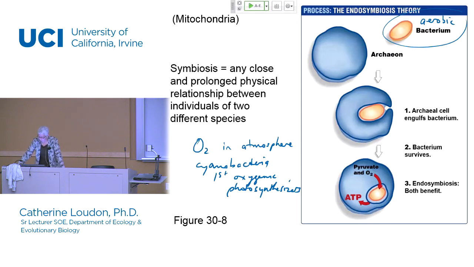And so the benefits of the association are shown diagrammatically down here in the bottom of the diagram, where the endosymbiont benefits from getting oxygen and pyruvate from the host cell.